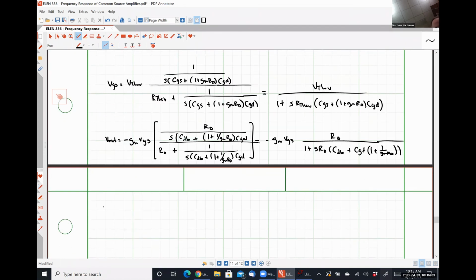So V out over V thev, which is going to be close enough, is going to tell me what my poles are and all that kind of stuff, because my relationship between Vn and V thev is purely resistive, is just negative GMRD over 1 plus S R thev times CGS plus 1 plus GMRD CGD.